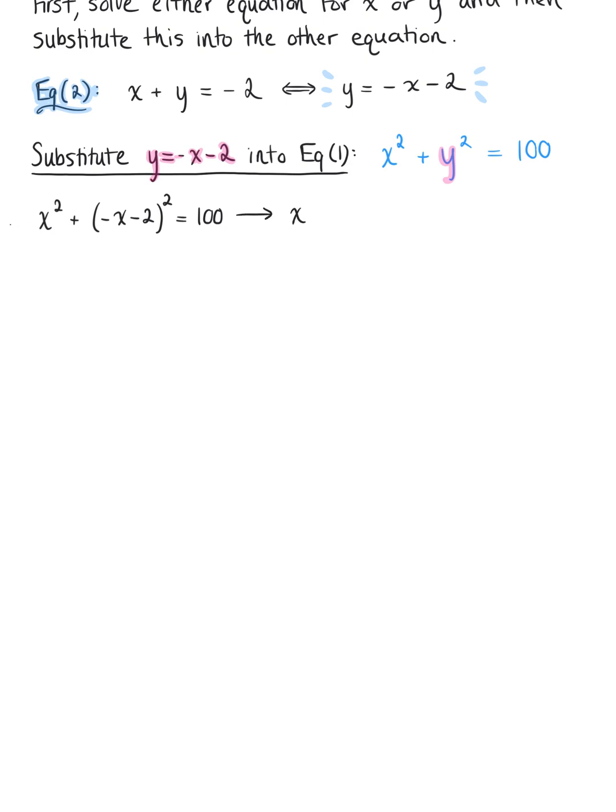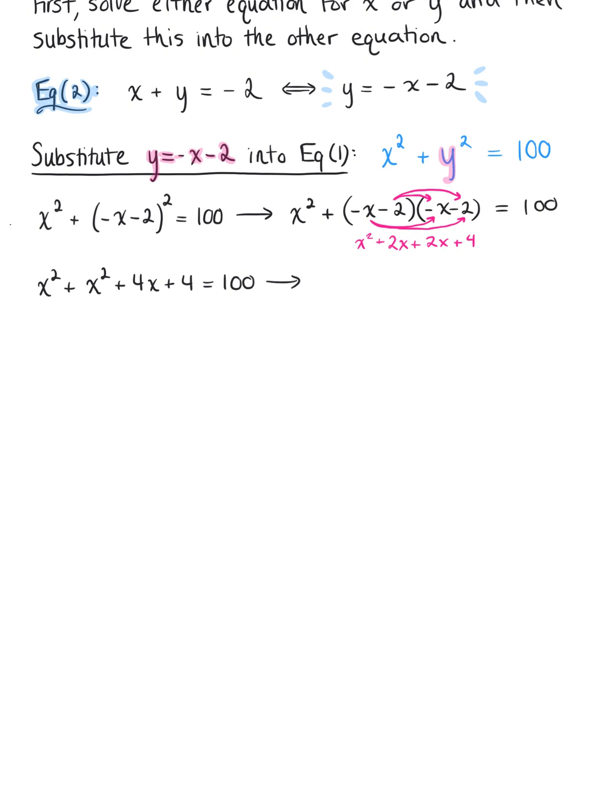So the x squared remains as it is, but in order to solve this equation, we need to expand this binomial product. So we have minus x minus 2 times minus x minus 2, and applying the FOIL method, we can simplify this to x squared plus x squared plus 4x plus 4 is equal to 100.